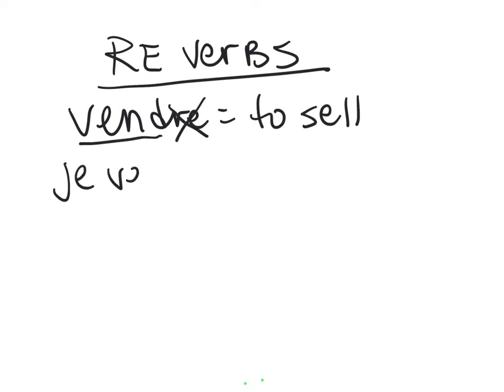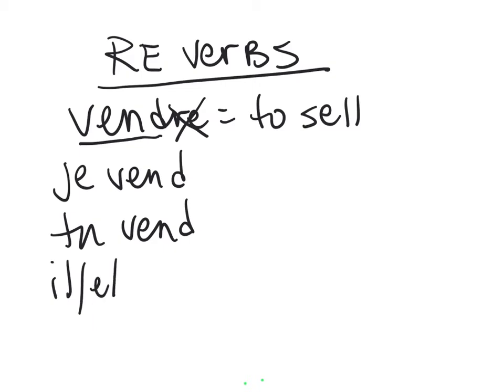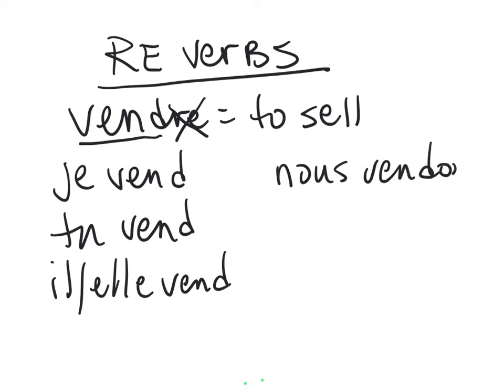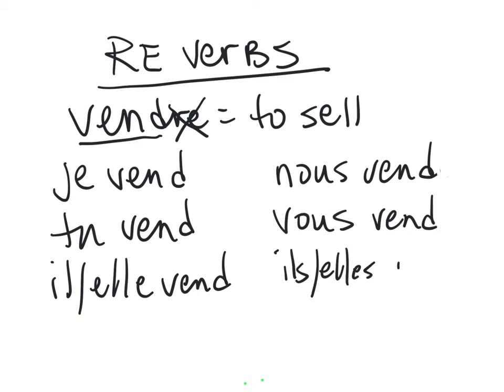And my endings are going to be different than the other two. So let me get these down. Oh, my bad, going too fast. Vous vend and ils, elles vend.